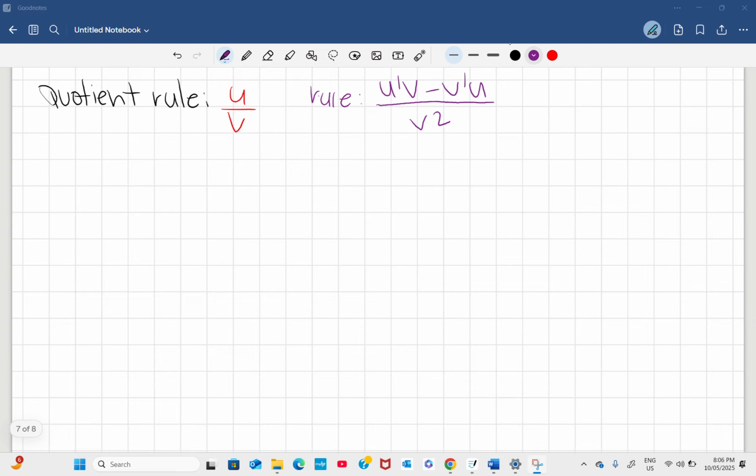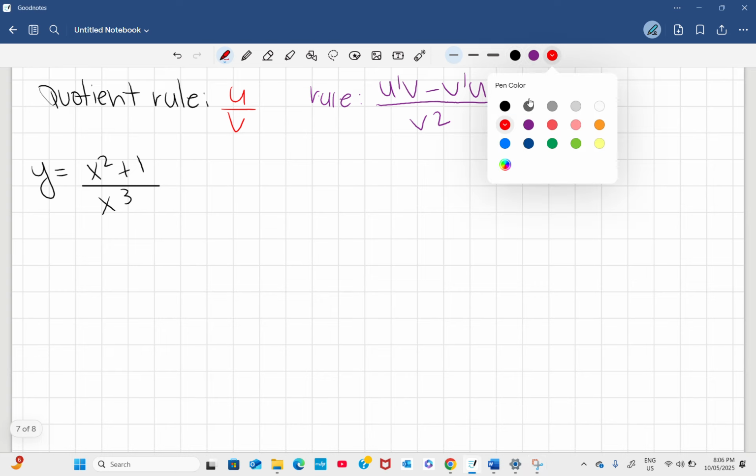Let's take an example so we can understand this better. Let's say I have y equals x squared plus 1 over x to the power of 3. Now, I need to find the derivative of this function. I'm gonna take the exact same approach I did in the question before. Let's take two different colors so we can differentiate between them.